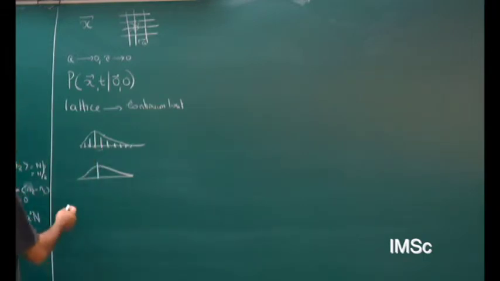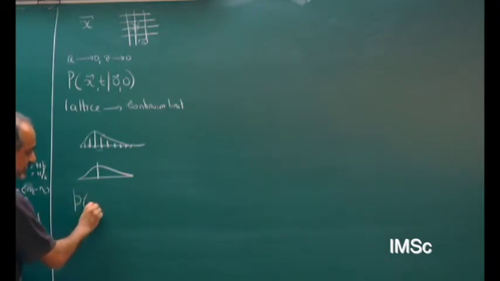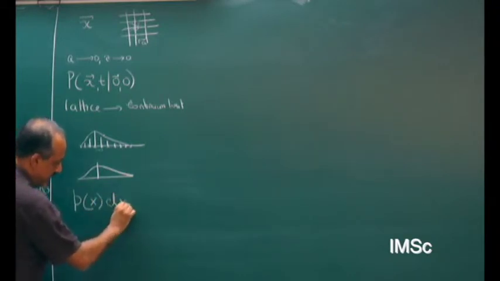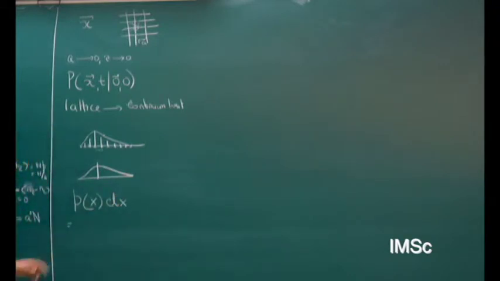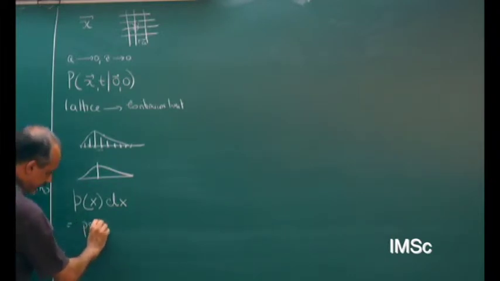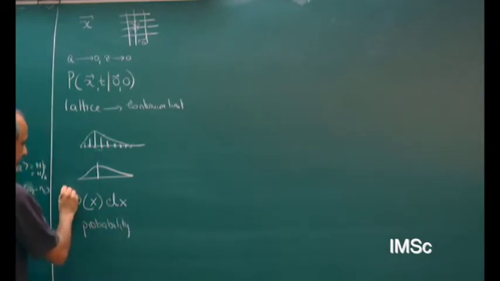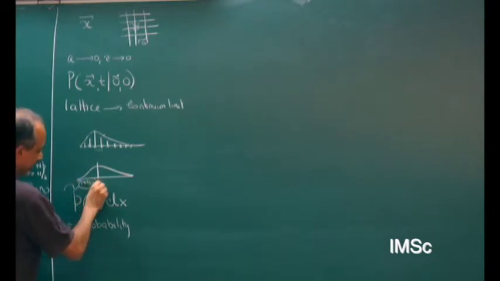So the sort of question that we ask is, let us think of some probability density p of x. Let me multiply this by a small element dx, and this quantity has a right interpretation. This quantity is a probability, and this here would be called a probability density.